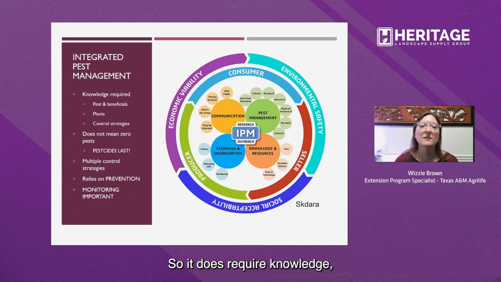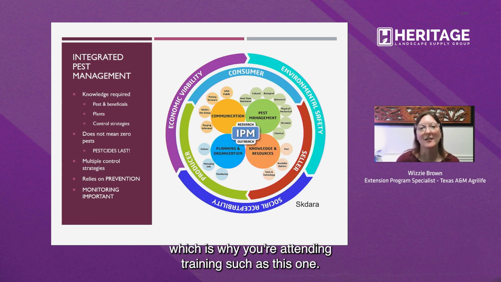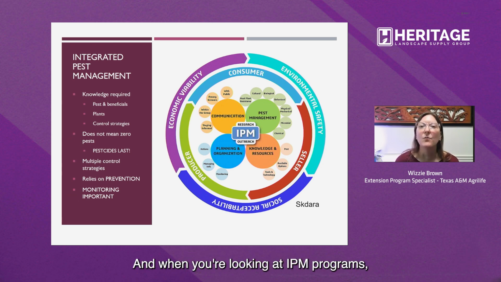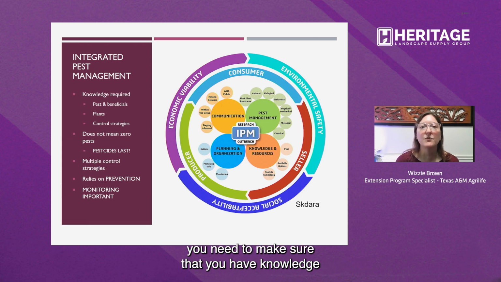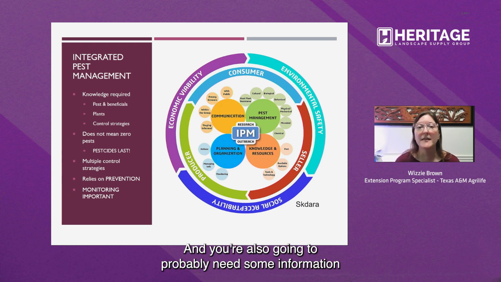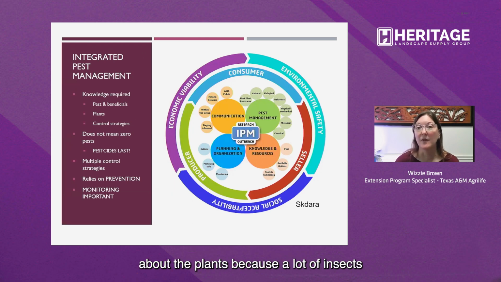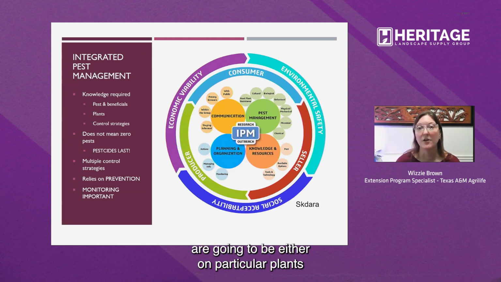It does require knowledge, which is why you're attending trainings such as this one. When you're looking at IPM programs, you need to make sure that you have knowledge of both the pests that you find in the location, but also the beneficials. You're also going to probably need some information about the plants, because a lot of insects are going to be either on particular plants or particular groups of plants.